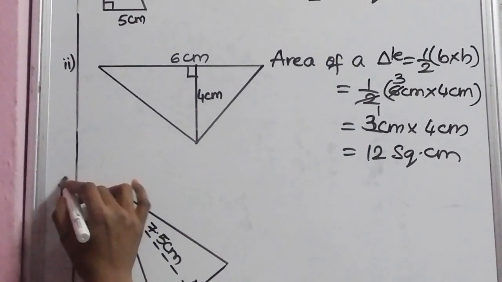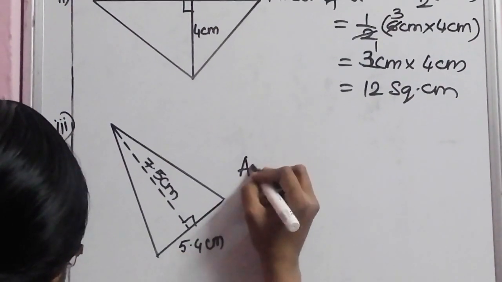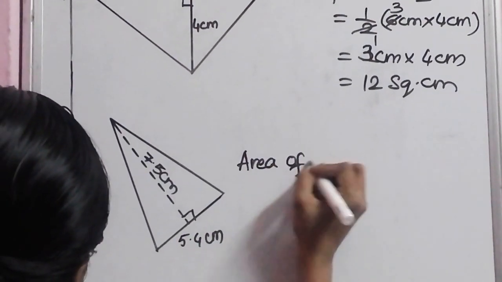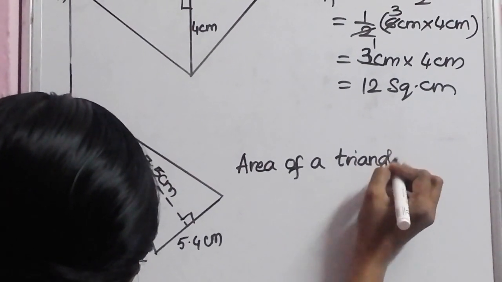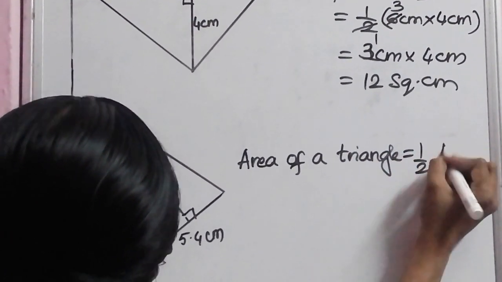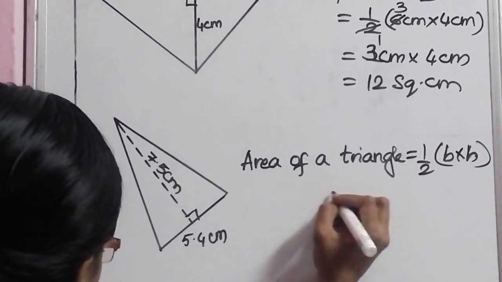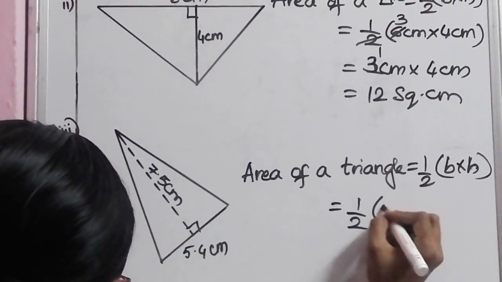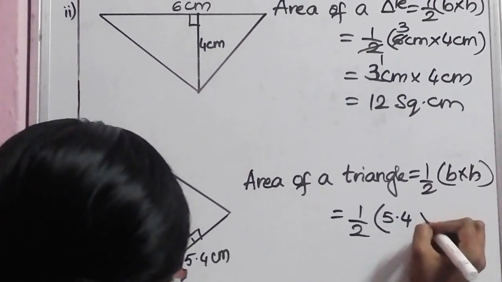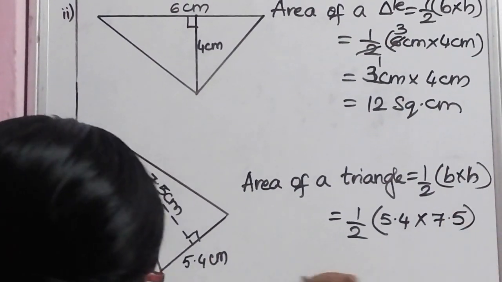Now third bit let us do. Here we have to find out the area of a triangle. Area of a triangle is equal to half base into height. Half of base is 5.4 into height is 7.5.